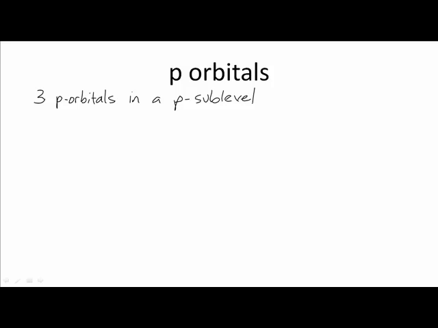They have one angular node, so they have one plane that cuts them off in the middle and separates them into two different parts.